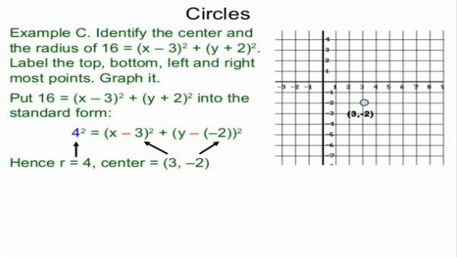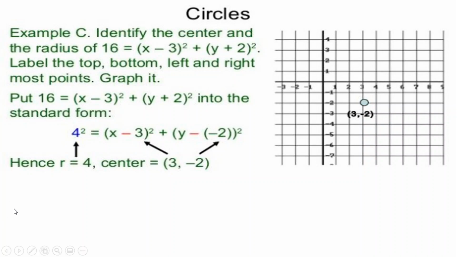So, let us trace the center in the Cartesian coordinate plane. Here is the center. Next, we are going to locate the top, bottom, left, and rightmost point of the circle. And how are we going to do that?